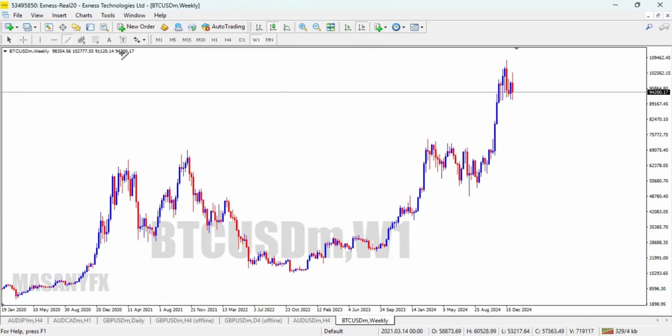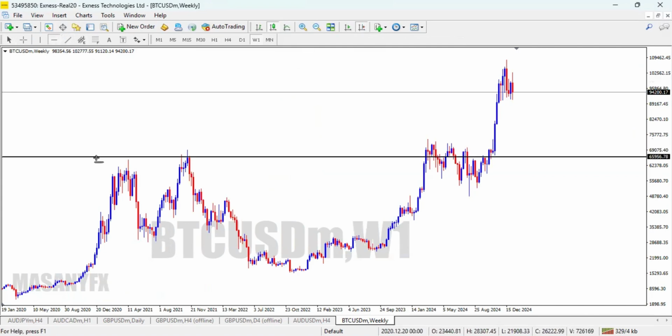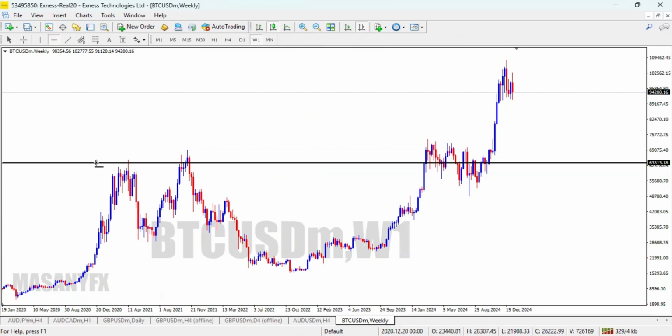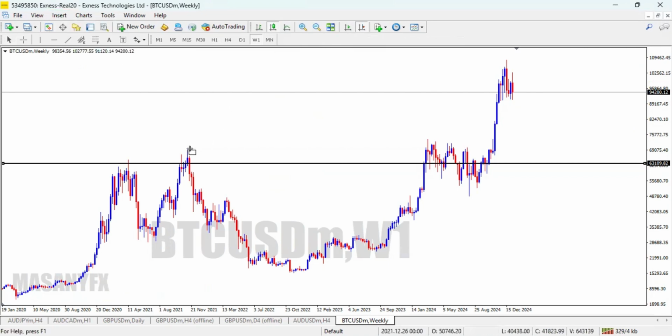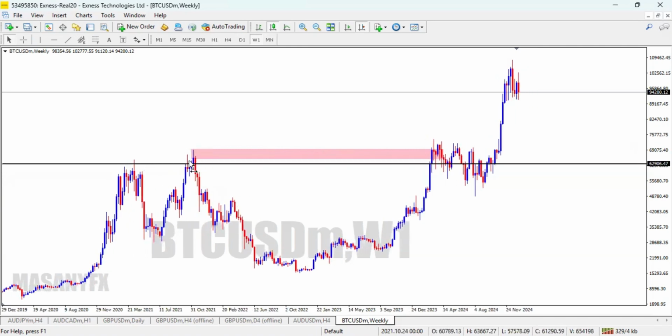As you can see here, it has this supply zone. Analyze it from here. The price did not respect this supply zone on a weekly time frame.